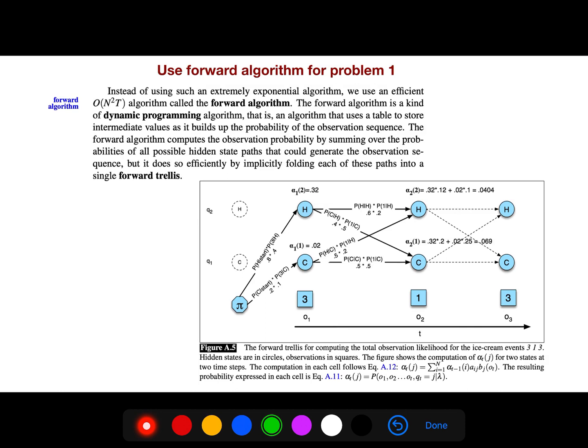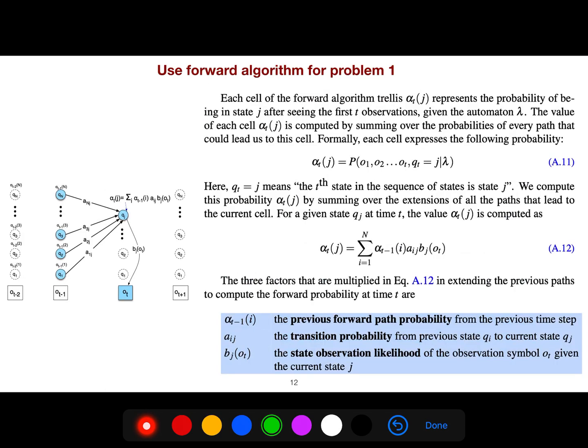So let's appreciate the beauty of dynamic programming, which is one of the cornerstones of all computer science. What we should do is create a data structure, for example here, alpha_t(j). This alpha structure represents the probability of being in state j after seeing the first t observations. This is how we define it. You can relate that probability to the previous probabilities because it's a graphical model.